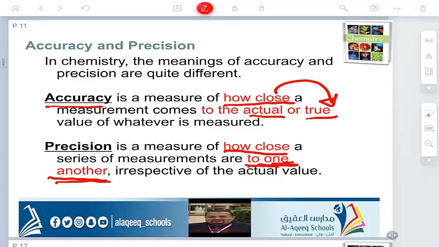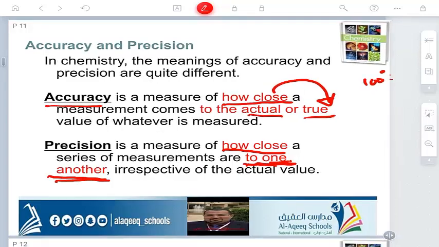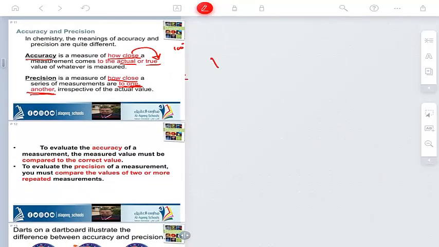How come? It means if you have the boiling point of water, it's measured by scientists and it's 100 degrees Celsius. This is the boiling point of water, 100 degrees Celsius.